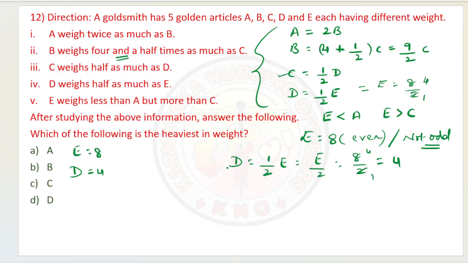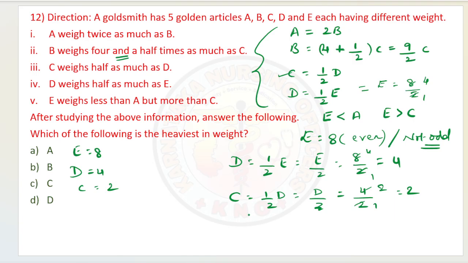Now calculate C. C is equal to half of D, which is D by 2, which is 4 by 2. 2 twos are 4. So the C value is 2.